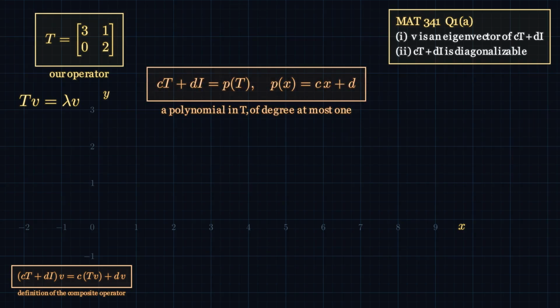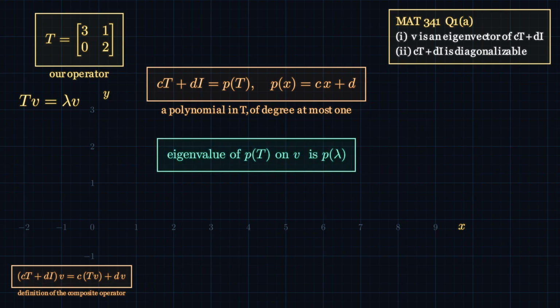The composite operator, cT plus dI, is a polynomial in T of degree at most 1, T treated like a variable, scaled and shifted. And its eigenvalue came out as the same polynomial evaluated at lambda. That pattern runs deeper than degree 1, and it becomes a central tool of this entire subject.